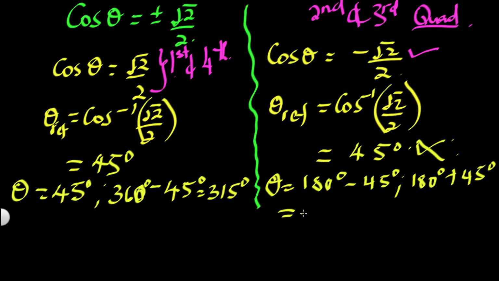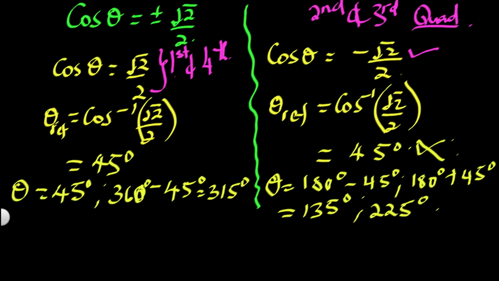Which means my thetas on the right hand side: I have 180 minus 45, so it is 135 degrees. The other answer is 180 plus 45 degrees. I get 225 degrees. I have exhausted all my answers.